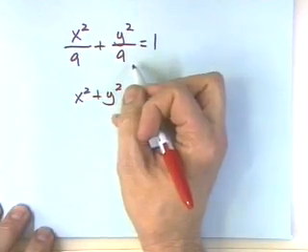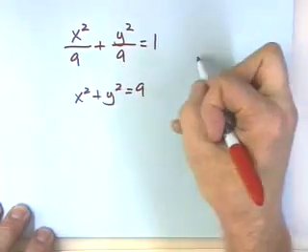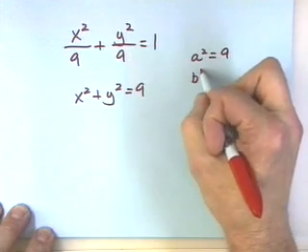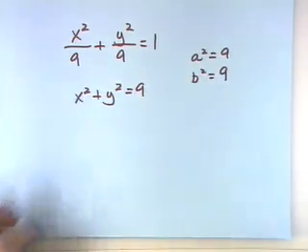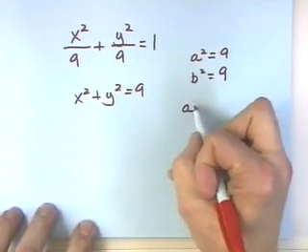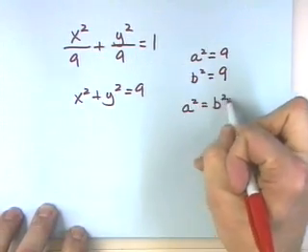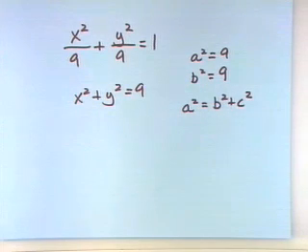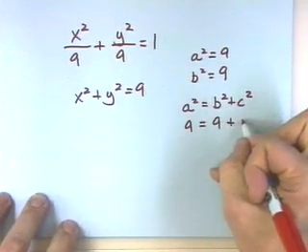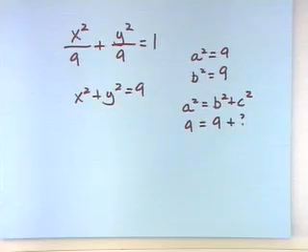Well, they're both the same. So if a squared is 9, and the other denominator is b squared, and it's also 9, that doesn't leave a whole lot of room for c. Because if a squared and b squared are all the same, c kind of gets closed out of that one. So c squared is 0.